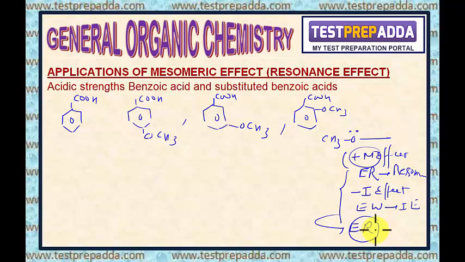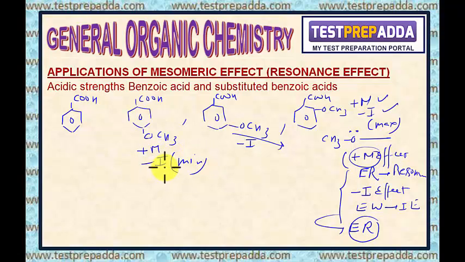Overall it will be electron releasing, and the acidic strength of these carboxylic acids will be decided by the combined effect of the two. Here you can see we have plus M, minus I both, and minus I will be maximum here. Here we have only minus I, electron withdrawing effect. Here we have plus M and minus I, but minus I effect is minimum.